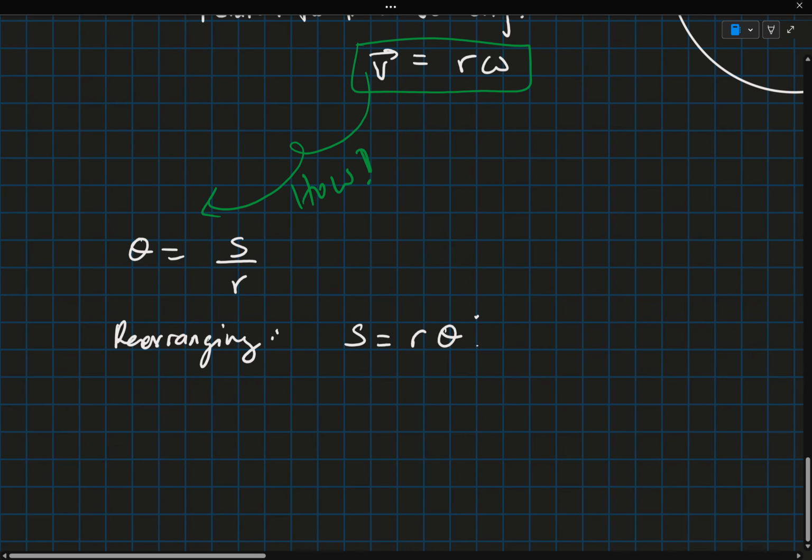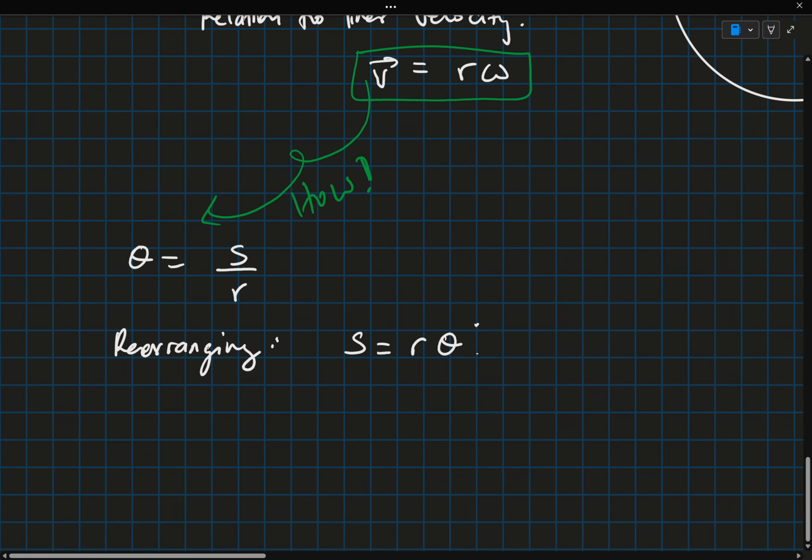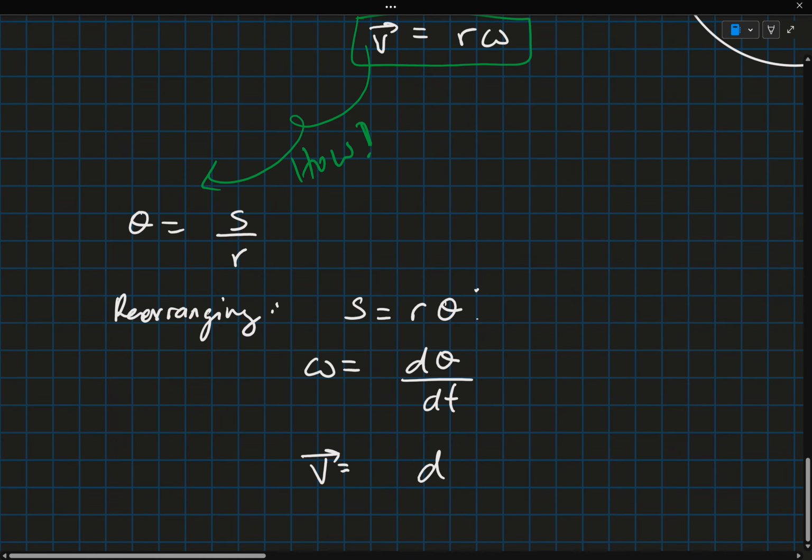So note now that our angular velocity, which is omega, is equal to our change in angular displacement over our change in time. And linear velocity is just a change in regular displacement over time. We're noting all three of these things, and these are actually equal.